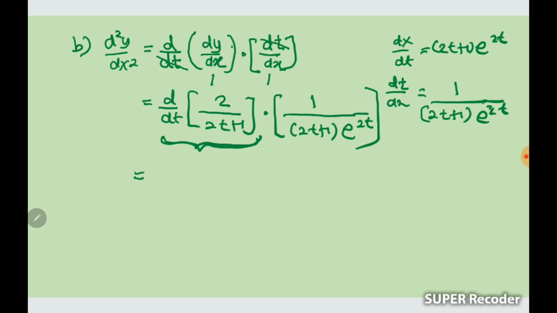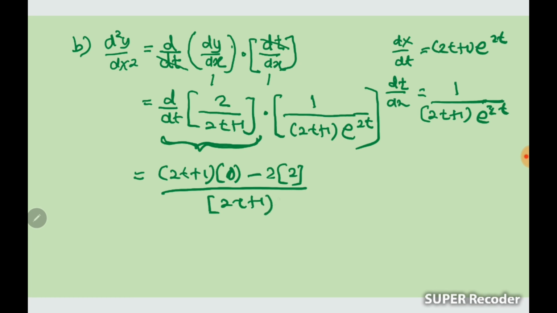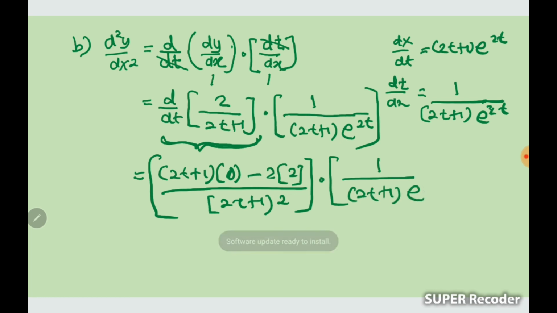So to differentiate, and we want to use the quotient rule, you have to copy 2t plus 1. Differentiate 2, the answer is 0. Minus 2, differentiate 2t plus 1, the answer is 2, over (2t plus 1) squared. This is the derivative of dy/dx. Then you need to multiply with 1 over (2t plus 1) multiplied with e to the power of 2t.